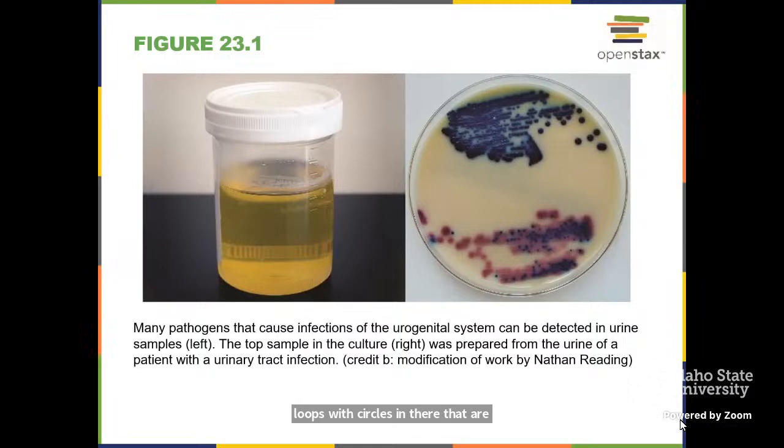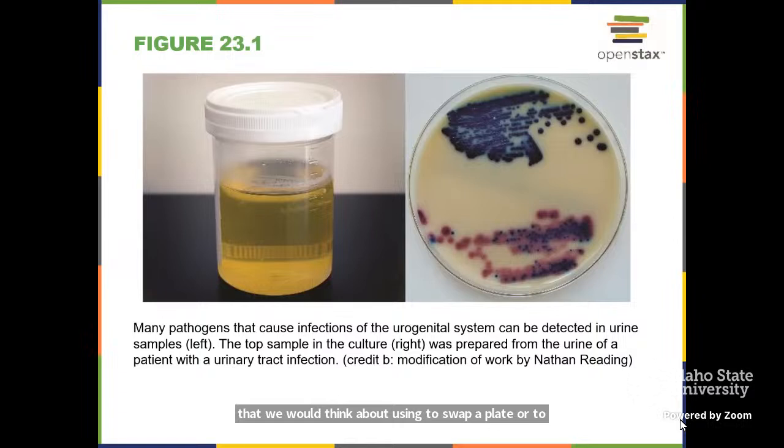One has a bigger loop like you're pretty familiar with, and the other end is very small, a little circle. And that's something we would think about using to swab a plate or to streak a plate.